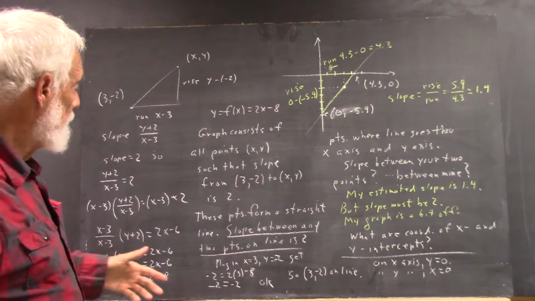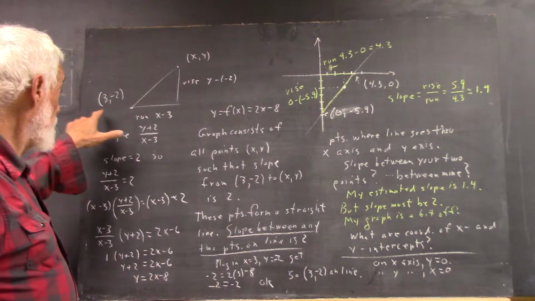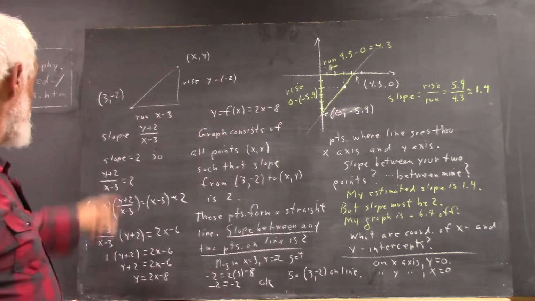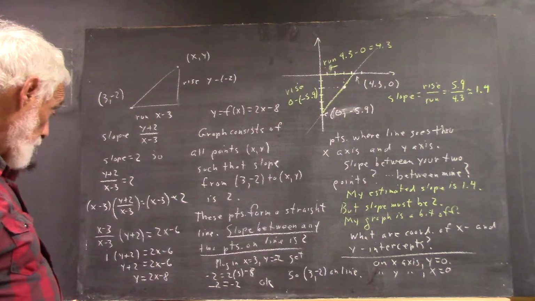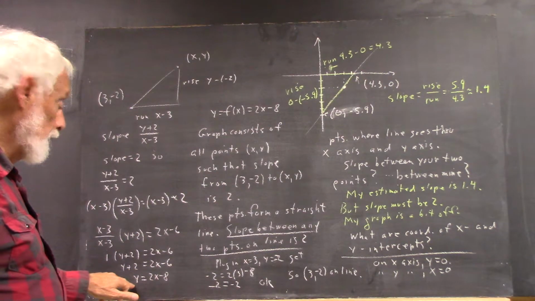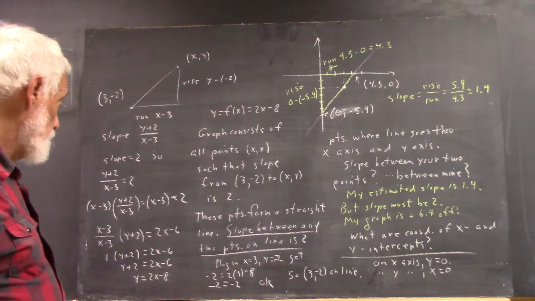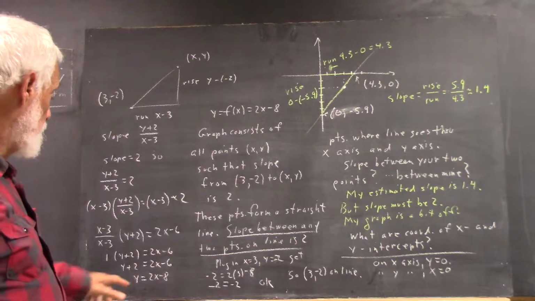Now let's verify that this graph will contain the point (3, -2). How do we do that? Well, if x is 3 and y is -2, then we should be able to plug 3 in for x and -2 in for y and get a true statement. So we do that. We plug in x equals 3 and y equals -2.